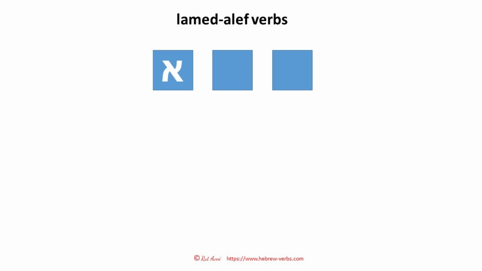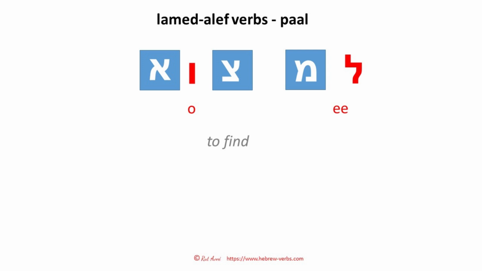And this pattern does not change with Aleph at the end. It changed with Chet at the end, for example, but that is another story. It is not changing with Aleph. It is always I, O. Lim-tso. Lik-ro. Lis-no.